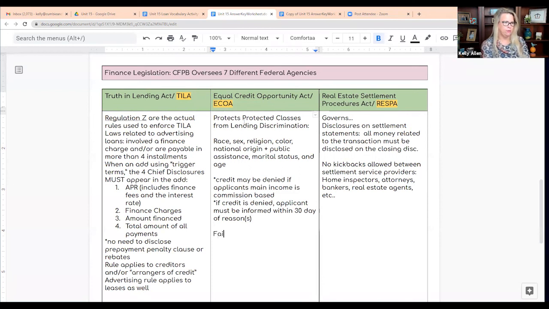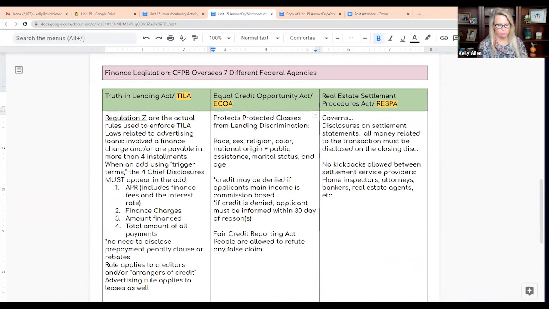Nope. Let's go ahead and write down the Fair Credit Reporting Act. And it says now that people are allowed to refute any potentially false claim against their credit.